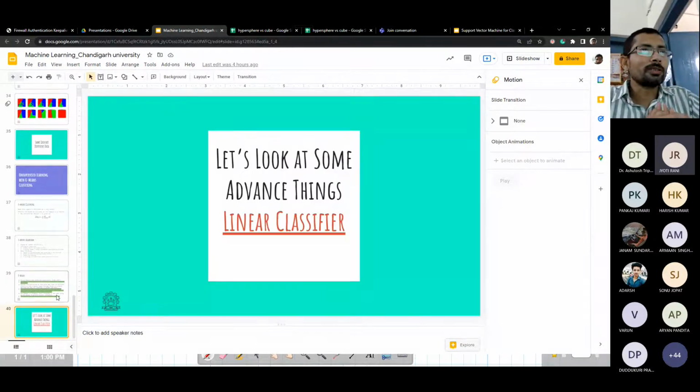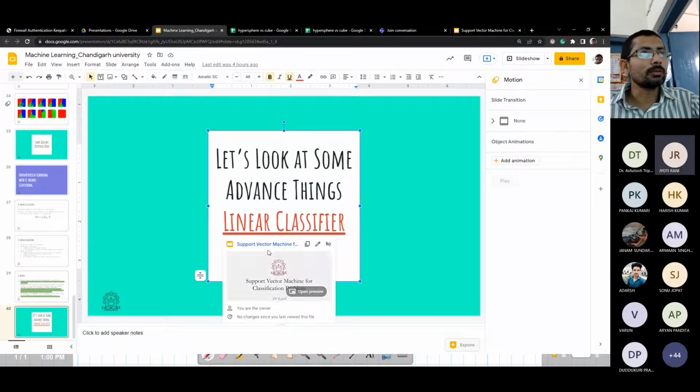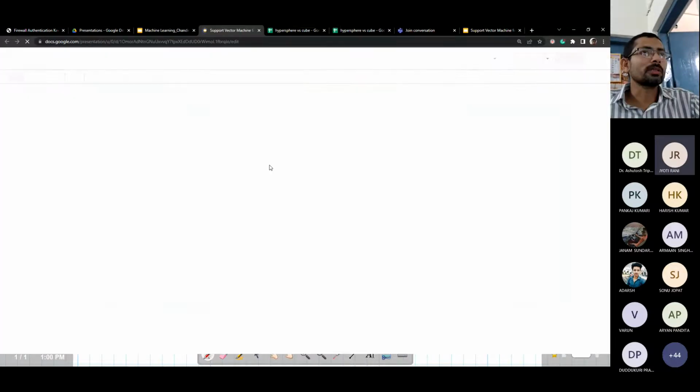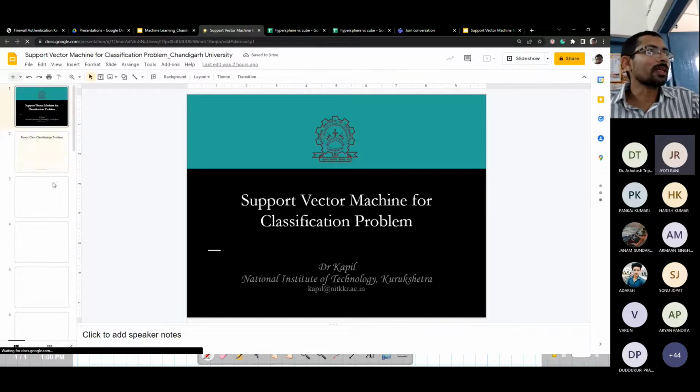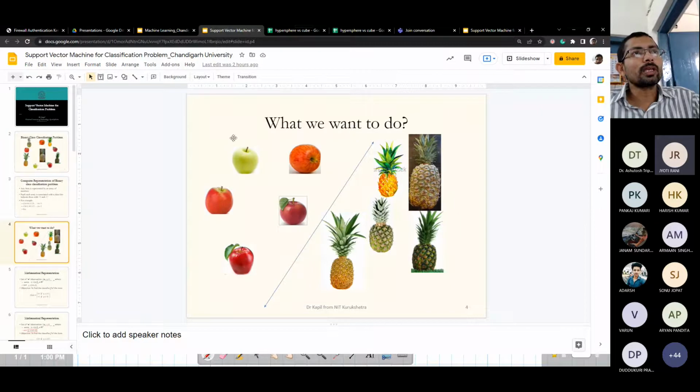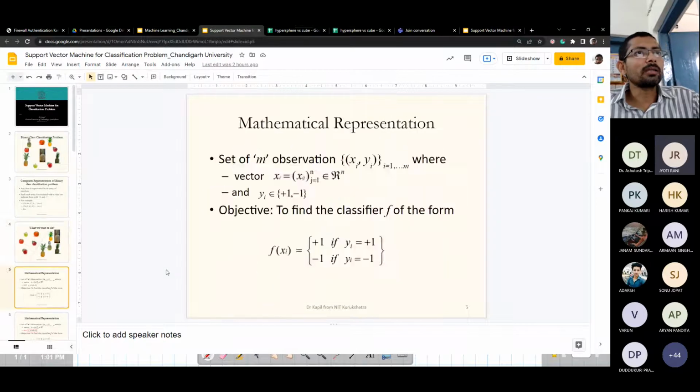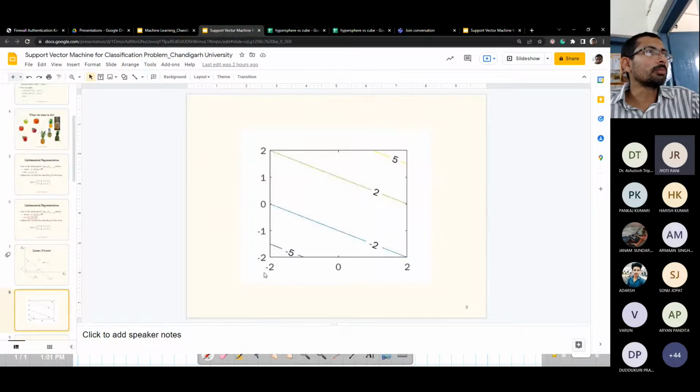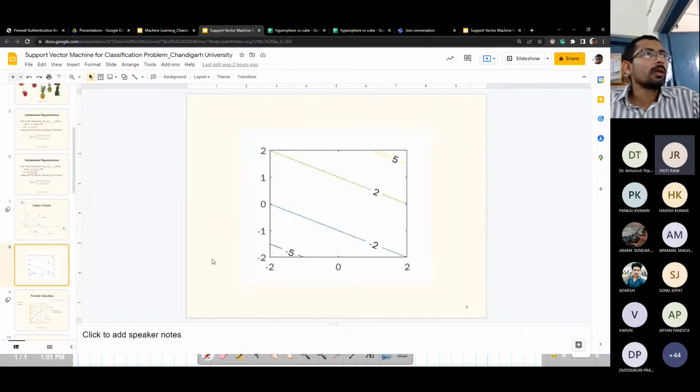I was thinking to start with the linear classifiers, but let's try to finish it here only. I'll just give you a brief idea about SVM. In case of SVM, we have certain things that we want to classify into apples or pineapples.